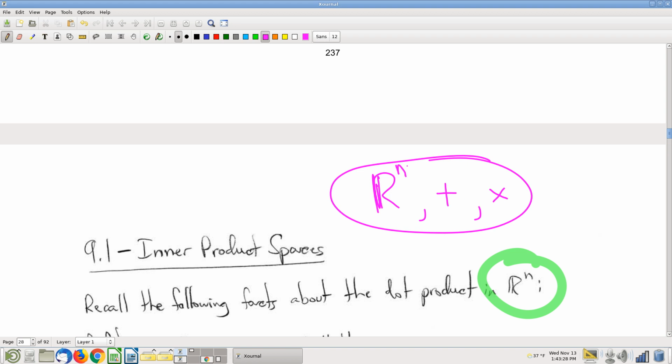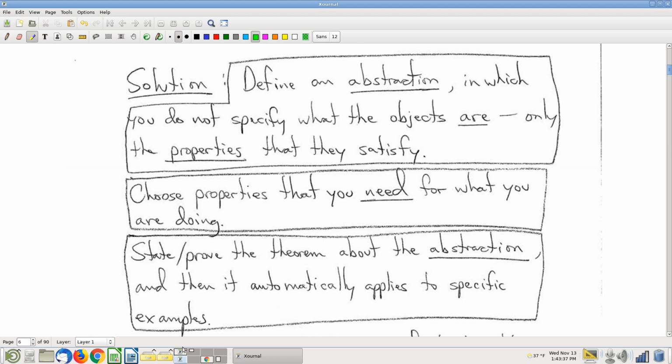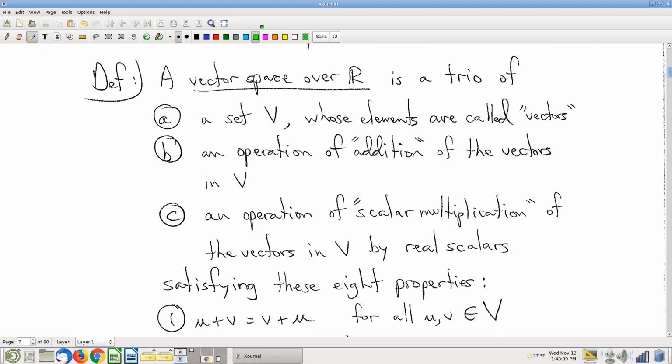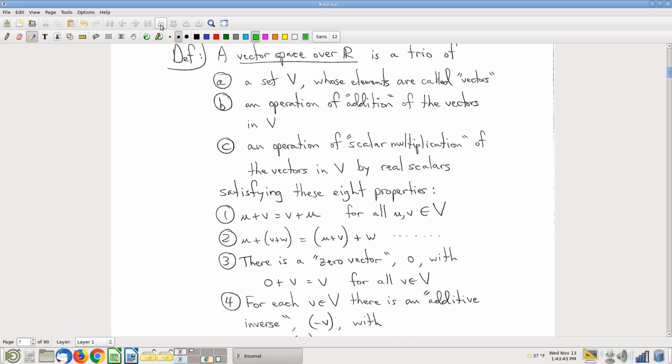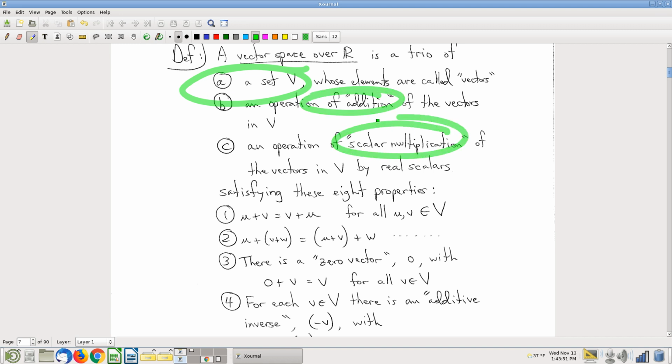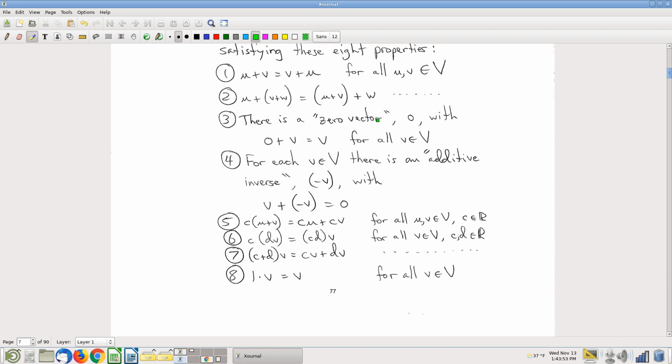Anything that behaves kind of like this, we're going to call a vector space. And by kind of like this, of course, we wrote down a bunch of properties. Remember this page, it has this long list of properties. So a vector space is anything, a set, an addition, a scalar multiplication, and then all 8 of these properties have to be satisfied.